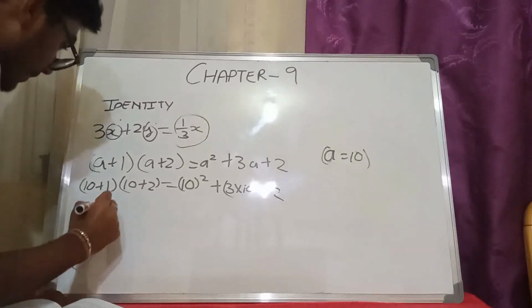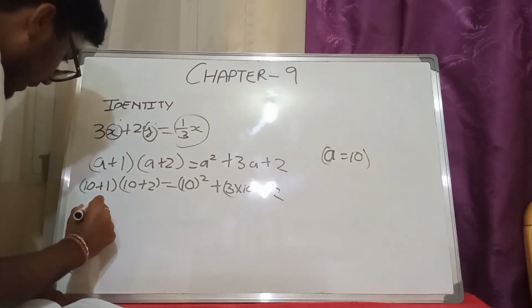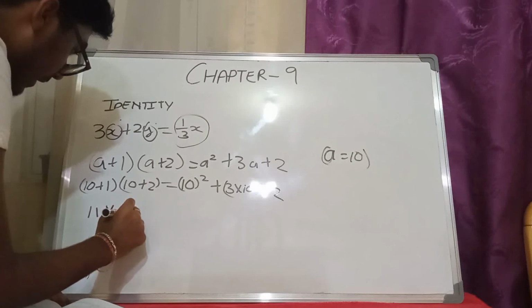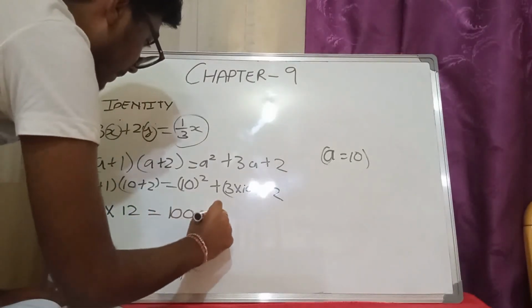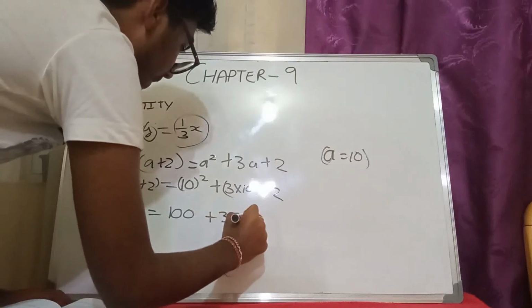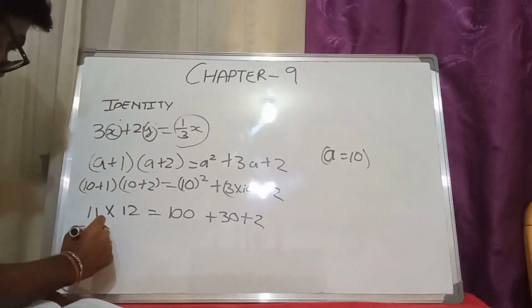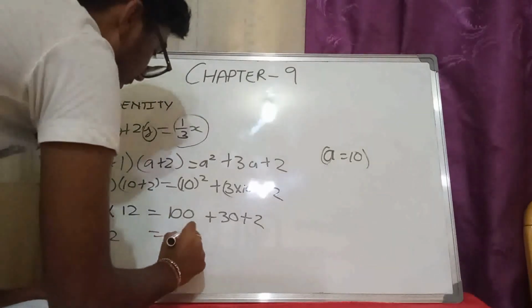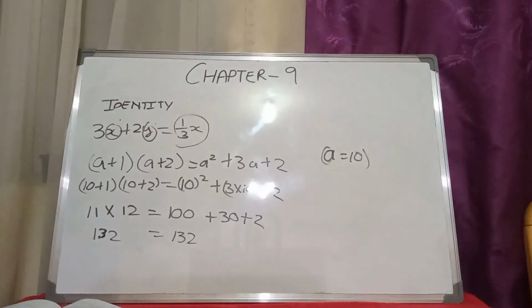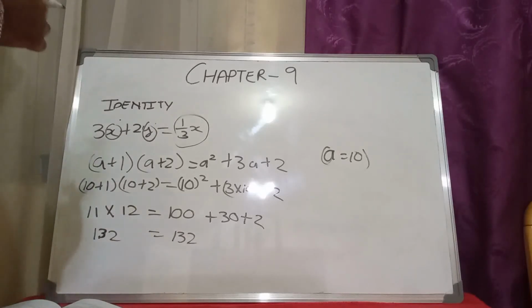It is 1320 equals 1320. Now, if you take any value for a, still it will be satisfied because this is an identity.